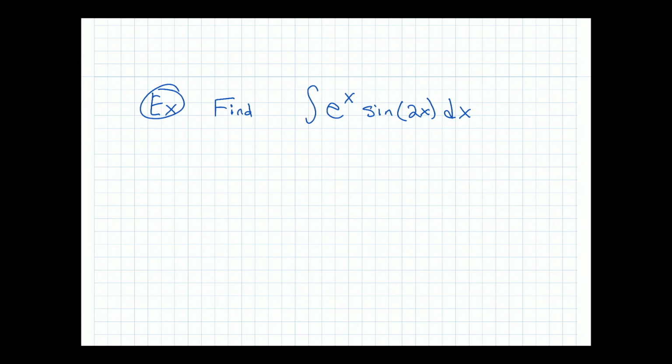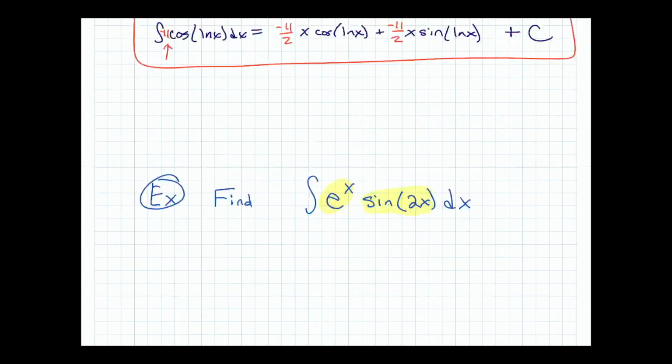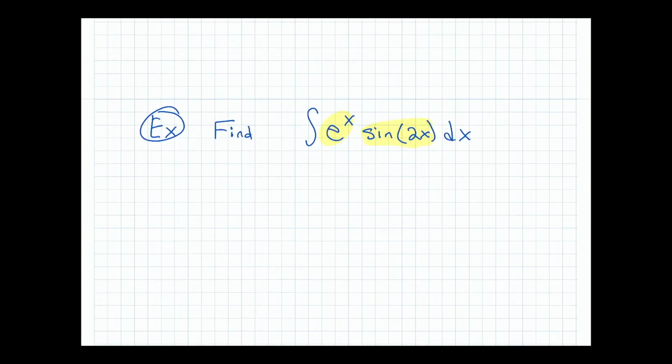All right. So when you see this kind of thing in particular, sine and e to the x or cosine and e to the x or that kind of thing, it's really a clue that you're going to have to do this solve for the integral with algebra thing, okay? So it should look like that to you. You should recognize it.